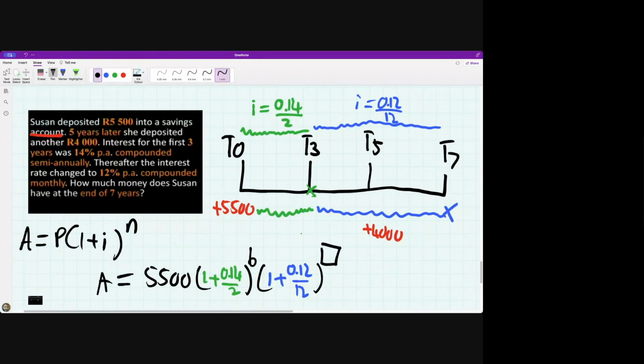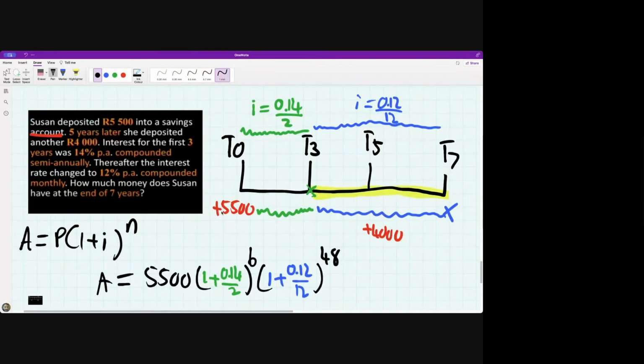So again, let's look. Even if you get stuck, you can always use your highlighter. You have to go from here to here. That is 4 years. But I look here, that's a 12. I want it in months. So 4 times 12 is 48.